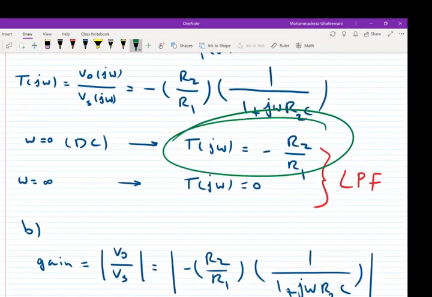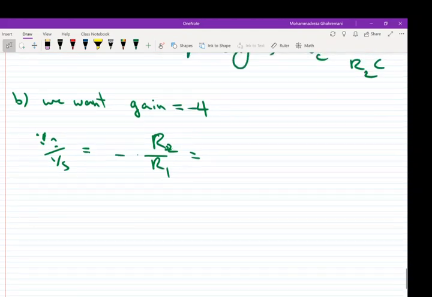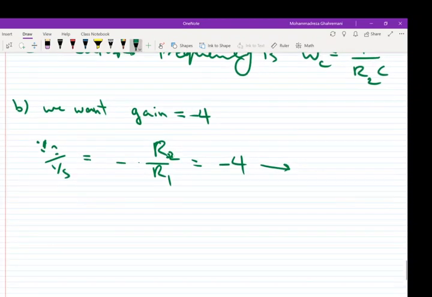Here, the maximum gain is negative R2 over R1, and we want this value equal to -4. So R2 should be equal to 4R1.